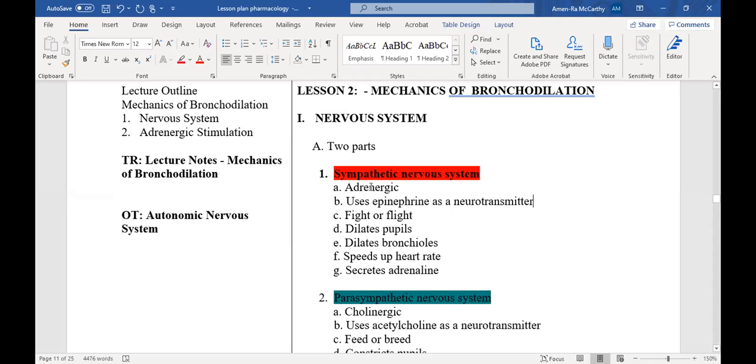Okay? It's also called the adrenergic. And so when I say adrenergic, I mean like an adrenergic bronchodilator. Albuterol is an adrenergic bronchodilator. It's also a sympathomimetic drug. Okay, you understand that? It's called a sympathomimetic drug because it mimics the effects of the what?